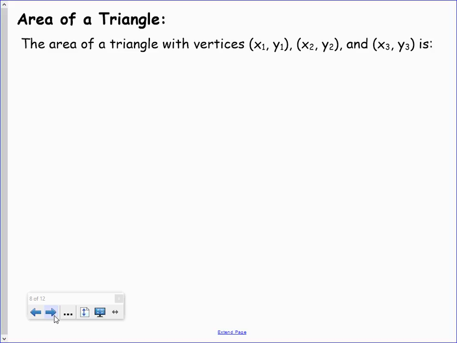Okay, here's one of the uses of the determinant: finding the area of a triangle with vertices on the coordinate plane.